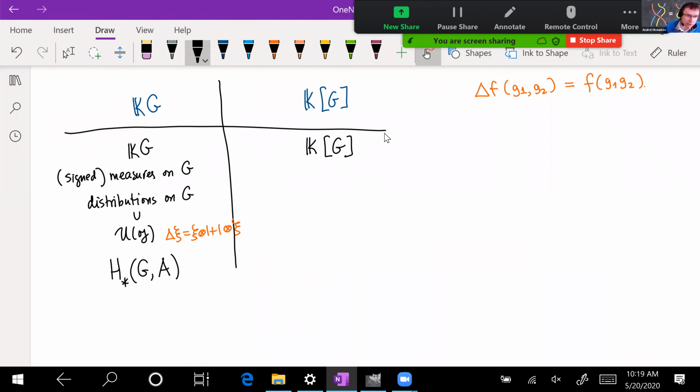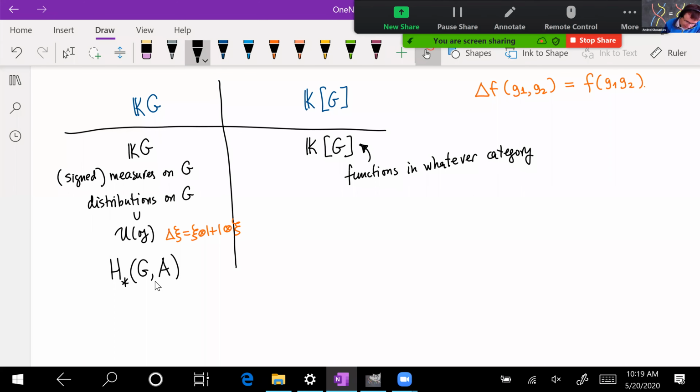And then on the dual side, we can take just functions in whatever category. If you had an algebraic group, you can take algebraic functions. If you had a Lie group, you take smooth functions, or continuous functions, whatever.